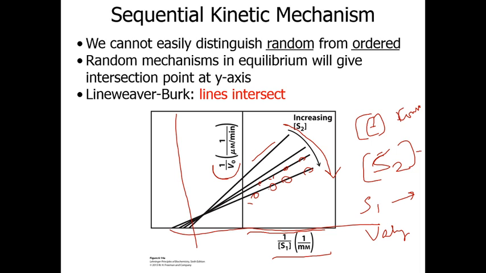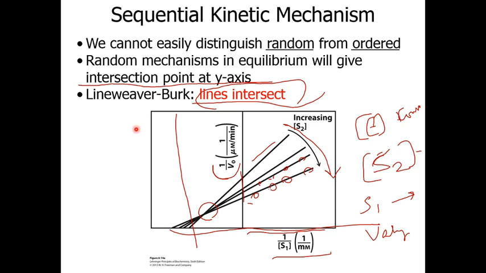Now, when you do this experiment and you have any sort of intersection of these lines, either at the y-axis or behind the y-axis, one of the most important things for this mechanism is that the lines intersect, and hence it is a sequential mechanism.